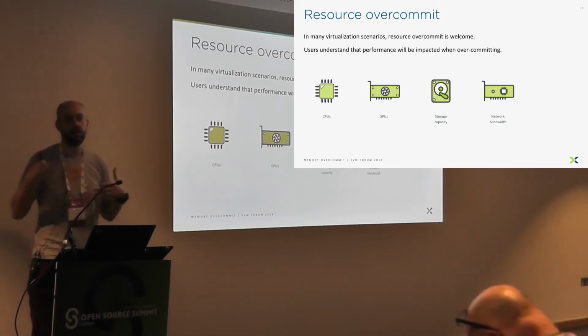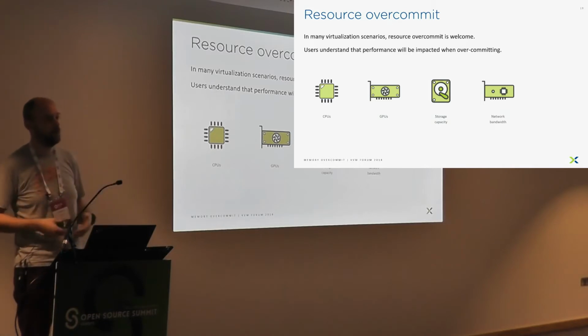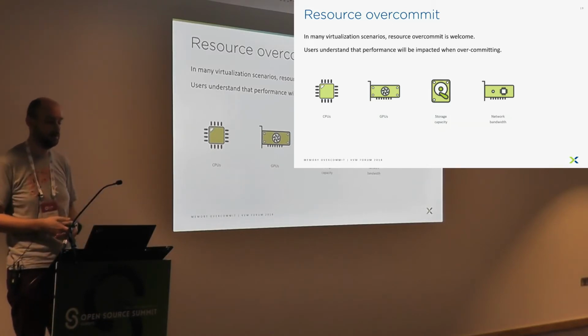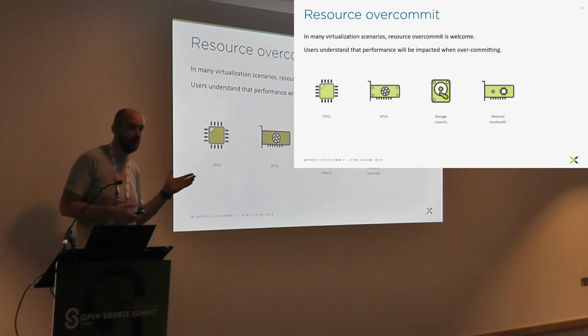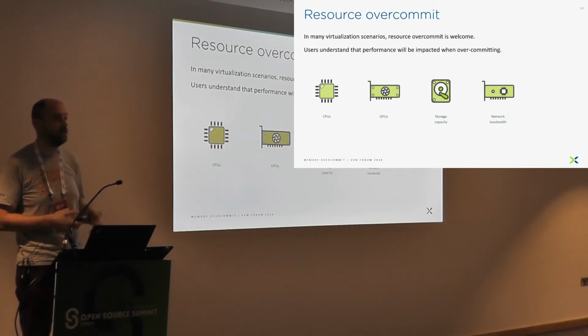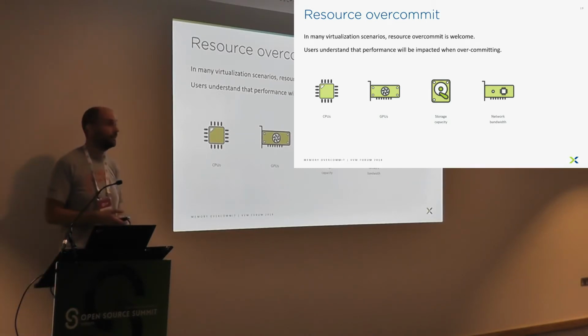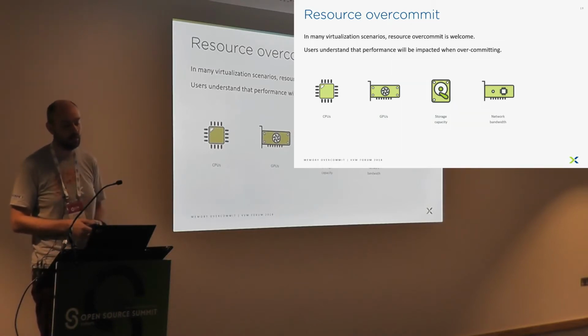So the performance will be worse if the machine is overcommitted than if you have more physical CPUs than virtual CPUs. Not only CPUs, but we can also overcommit GPUs with virtual GPUs. We can overcommit storage capacity using techniques such as thin provisioning, and network bandwidth can be overcommitted.